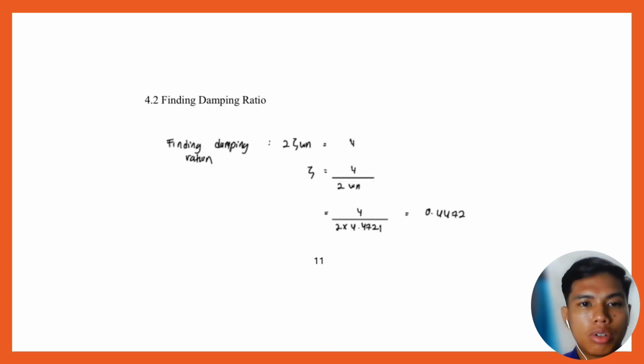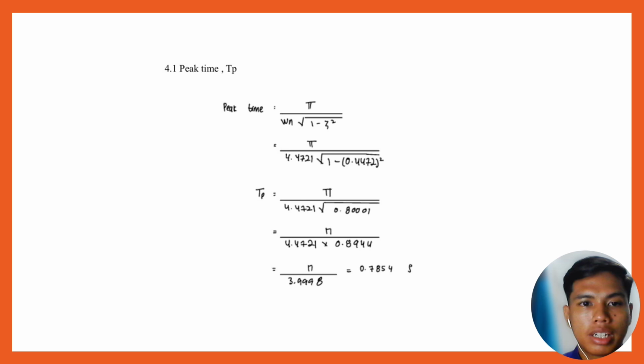Next, we find the damping ratio. The formula is 2 zeta omega n equals 4, and after we calculate, we get 0.4472. The third one, we calculate the peak time. The formula for peak time is pi over omega n times square root of 1 minus zeta squared.